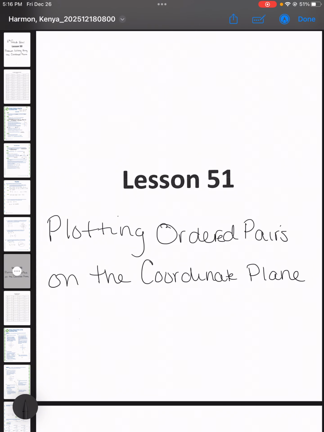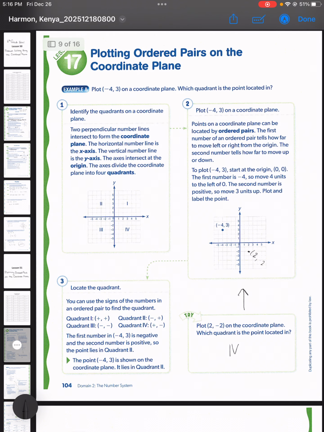As you jump into lesson 51 the next day, students are still working with the coordinate plane, but now they're plotting ordered pairs, and they're going to have to describe where they are on the coordinate plane. So in this first example, we are plotting -4, 3, and we have to identify what quadrant it's in.